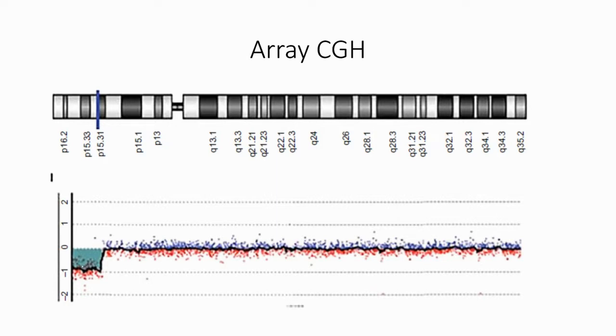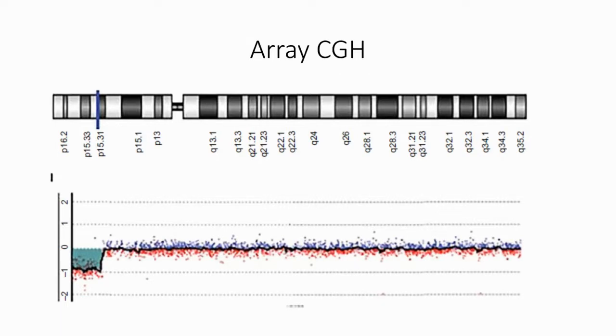All right, the ratio is less than 1. Okay, so that's the deletion in this region, right? And all the rest of the regions are around a 1-to-1 ratio. Okay, so that's array CGH. So in array CGH, that involves the substitution of the hybridization target, the metaphase chromosome, with genomic DNA sequence.